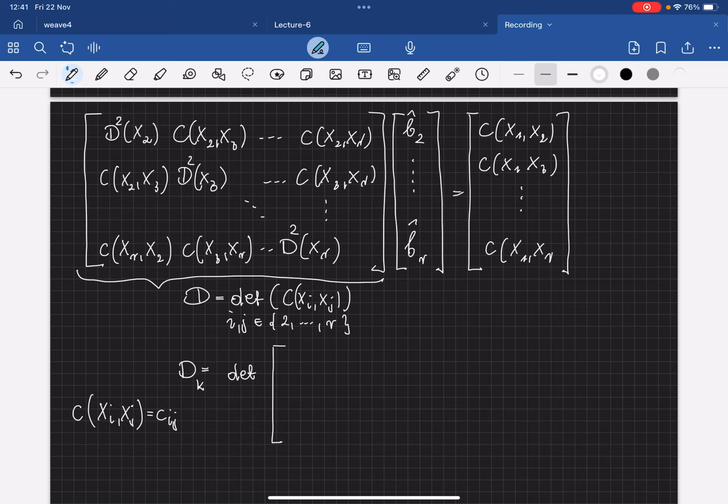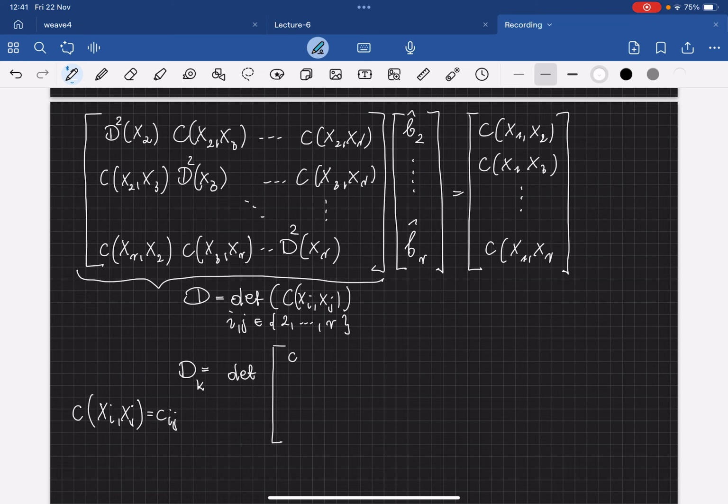These are symmetric coefficients. So here I have C21, C2... probably I should use some order, because otherwise I will be confused.